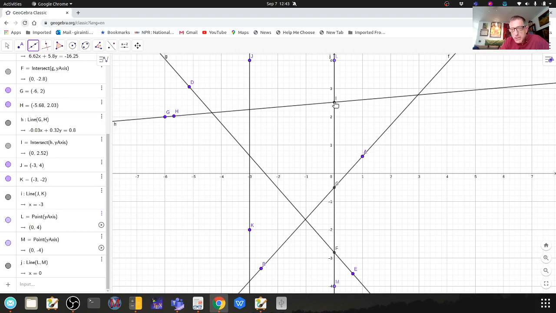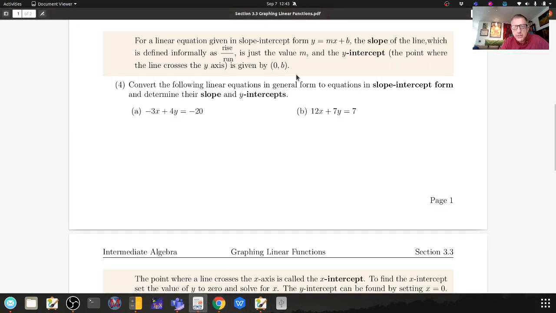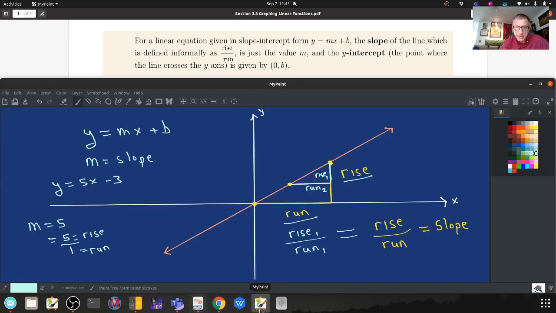At each one of these points where it crosses the y-axis, the x value is 0. That's what I'm trying to illustrate graphically. The y-intercept is not a value, it's a point: the point where the line crosses the y-axis.